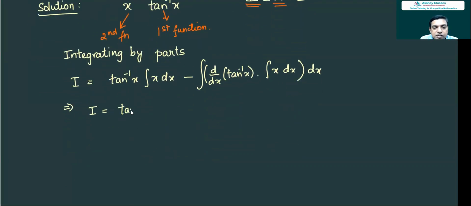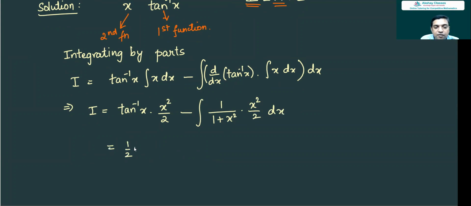So this is tan inverse x times x square upon 2 minus integral of derivative of tan inverse x is 1 upon 1 plus x square times integral of x is x square upon 2 dx.